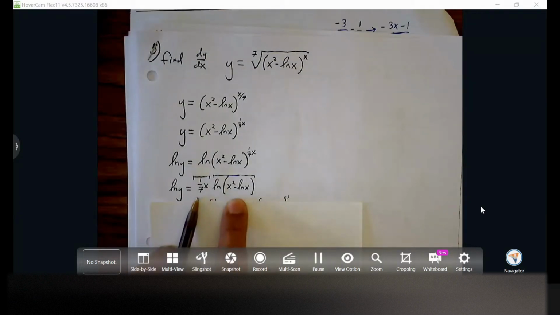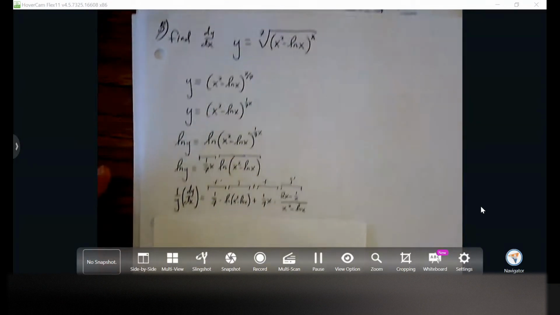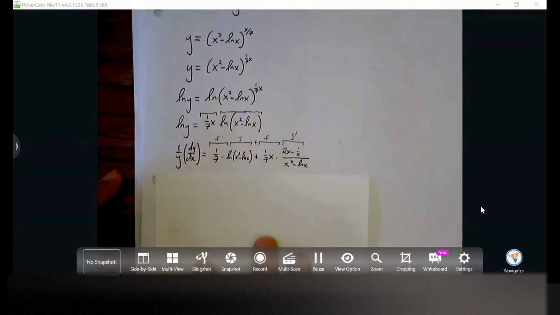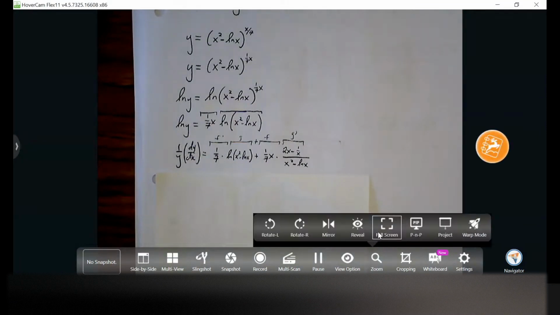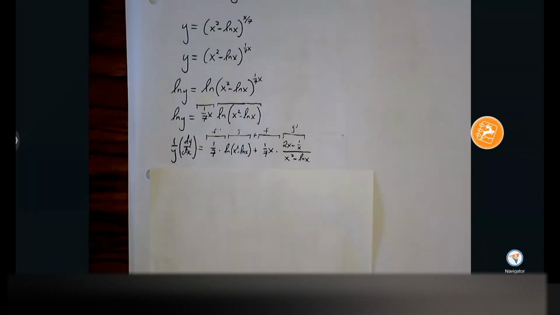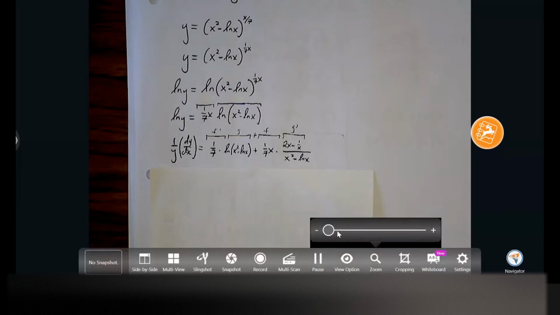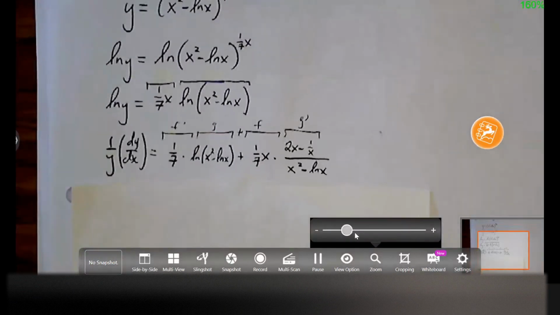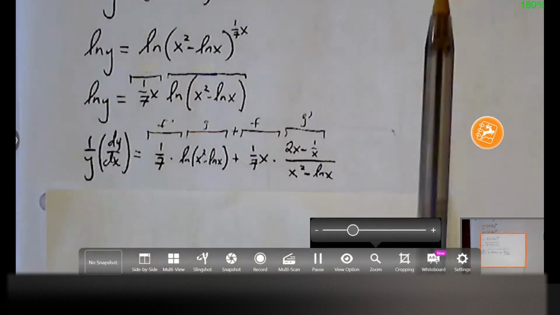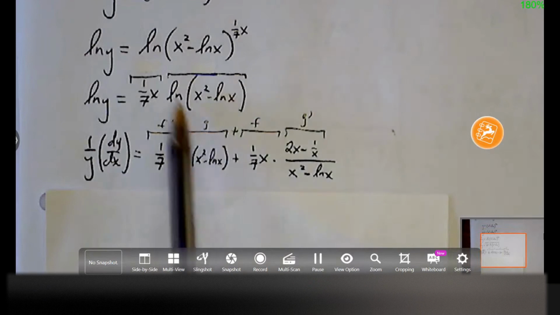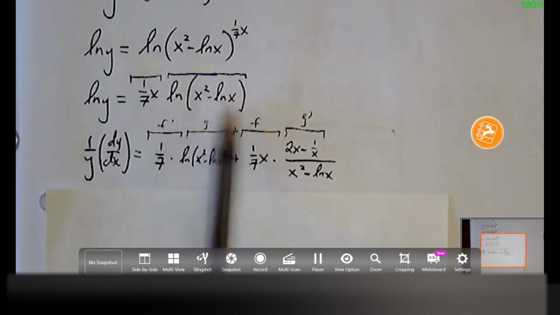Okay, do you apply product rule? So my u prime over u: x squared becomes 2x, natural log of x becomes 1 over x.